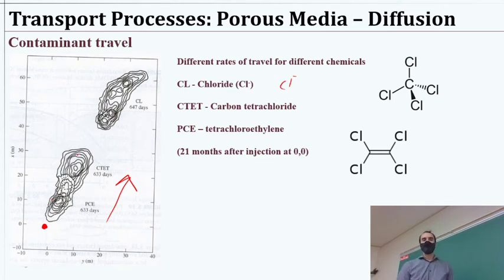And we see the dispersion and diffusion happening here, right? We can see it's kind of traveling outwards in each direction. And this PCE really doesn't travel so far. It seems to be lagged quite a bit. It's maybe that area.